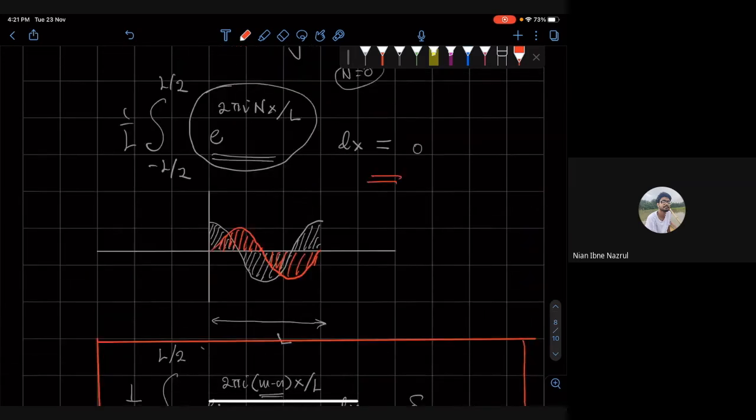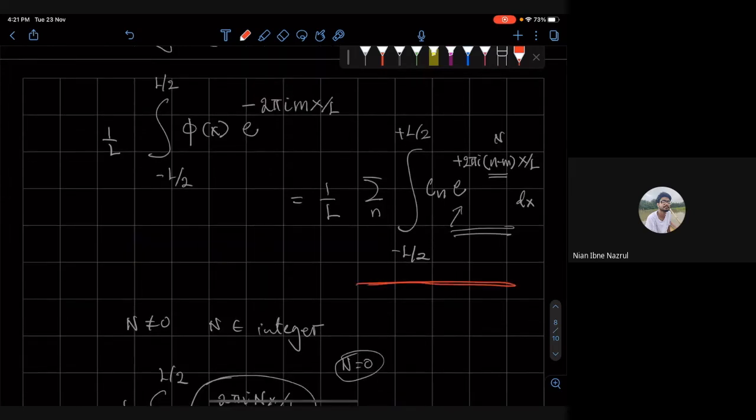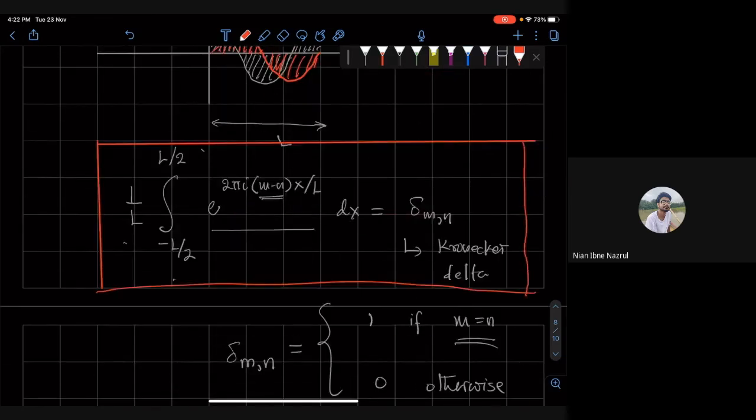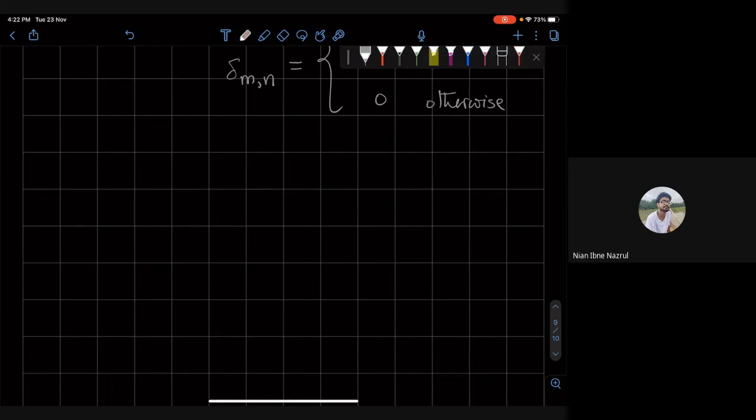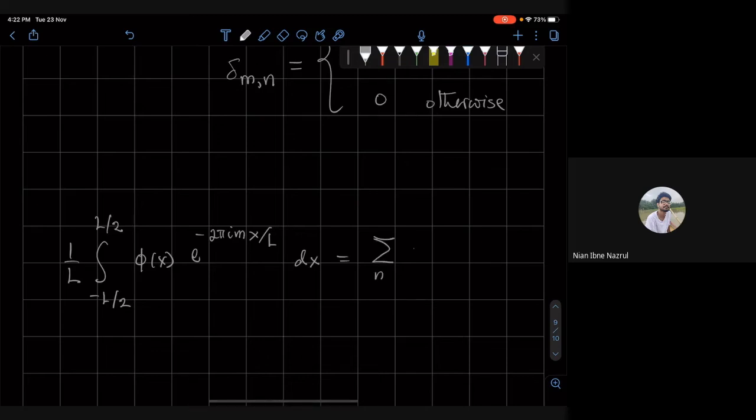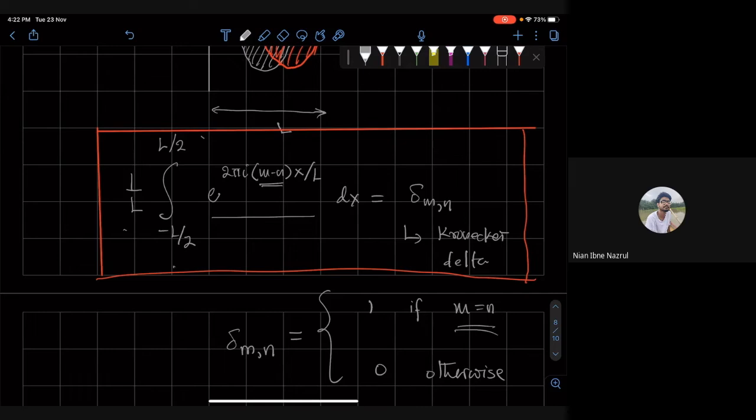Okay, so if I use this on the right-hand side, what do I get? I get the following result. The left-hand side is 1 over L integral from minus L by 2 to plus L by 2 of phi of x e to the power minus 2 pi i m x over L d of x. On the right-hand side, I have a sum over n, and then there's c of n and the Kronecker delta nm using this result.